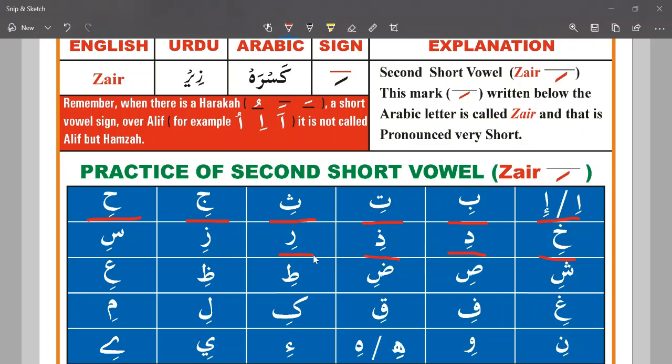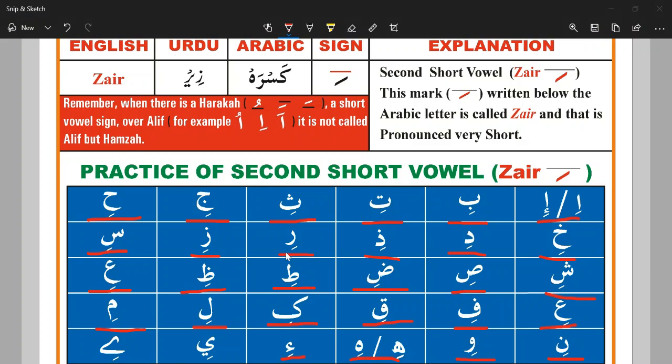Kha Zair khi, Dal Zair di, Dhal Zair dhi, Ra Zair ri, Za Zair zi, Sin Zair si, Shin Zair shi, Sad Zair si, Dad Zair di, Ta Zair ti, Dha Zair dhi, Ain Zair i, Ghain Zair ghi, Fa Zair fi, Qaf Zair qi, Kaf Zair ki, Lam Zair li, Mim Zair mi, Nun Zair ni, Waw Zair wi, Ha Zair hi, Hamza Zair i, Ya Zair yi.